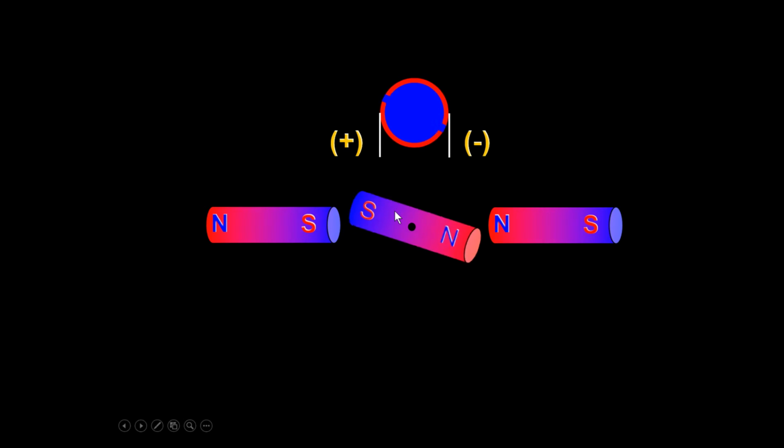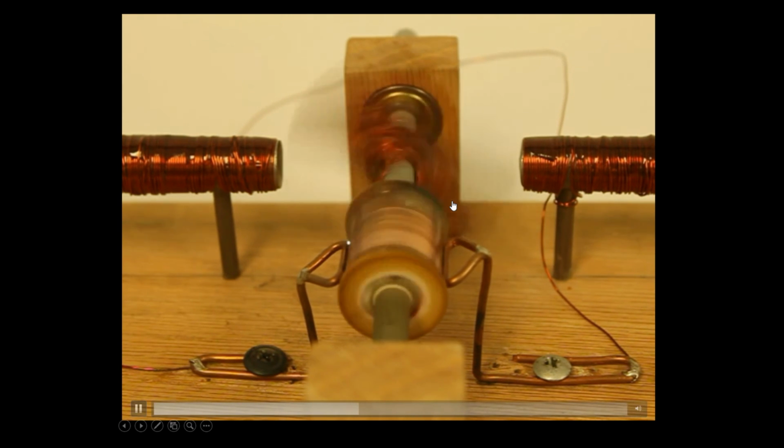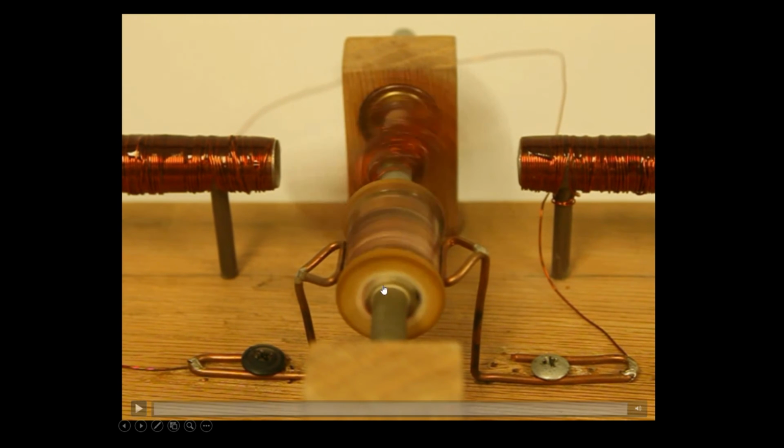And every time it turns halfway around, the direction of the current through that coil changes, always frustrating the effort of north to get to south. And as fast as that motor can go, it just keeps pace and switches things.